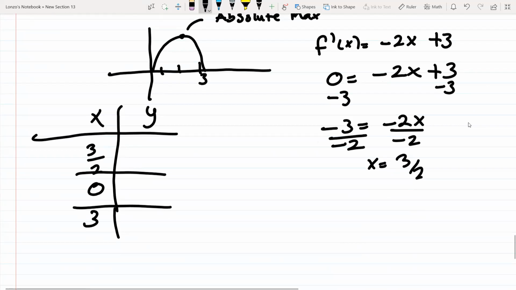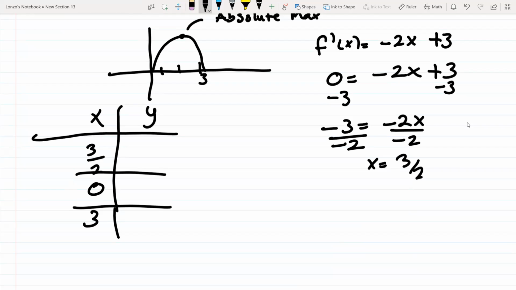Then you plug these x values back into the original function. Whatever the highest y value is, that's your absolute max, and the lowest is your absolute min.